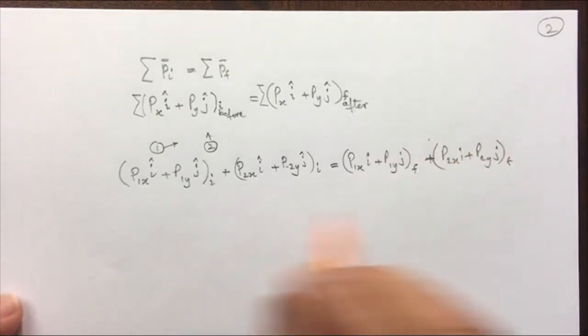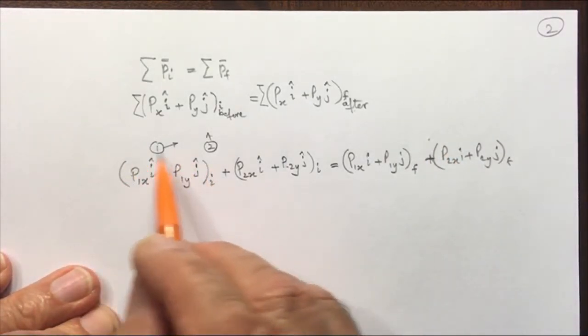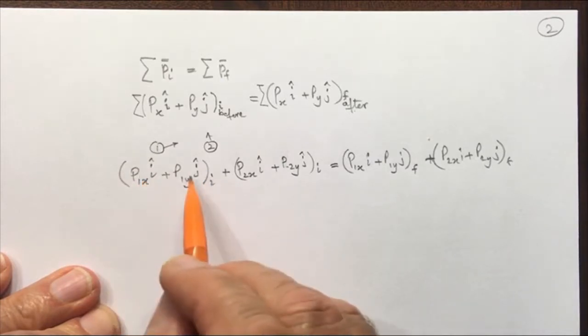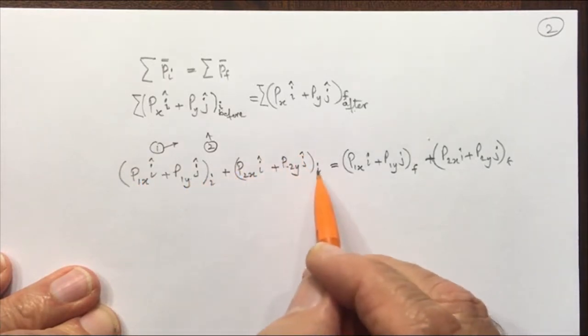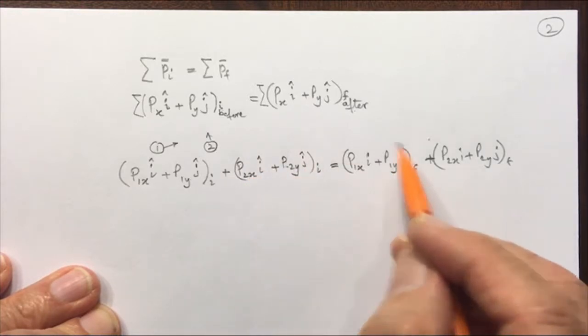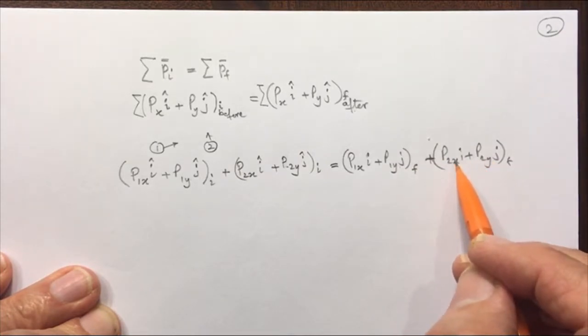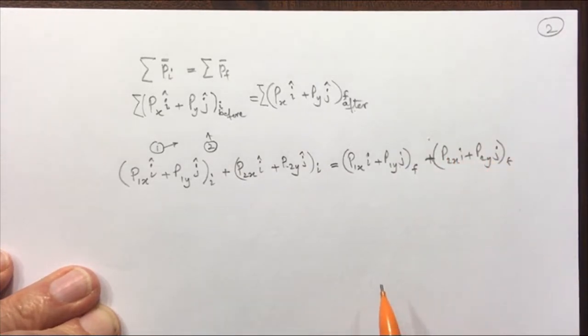So it seems sort of complicated, but this is the initial momentum of particle 1 in the x and y directions, the initial momenta of particle 2 in the x and y directions, the final momentum of particle 1 in x and y, final momentum of particle 2 in x and y.